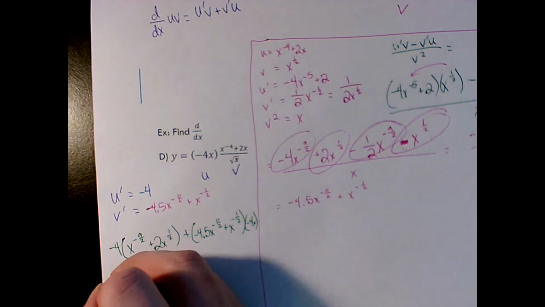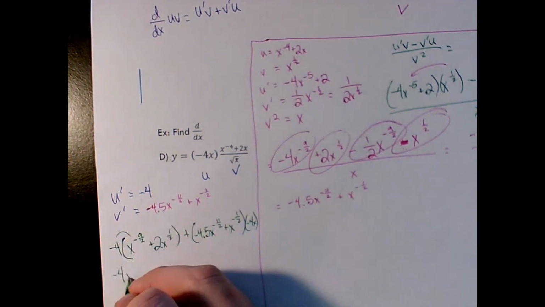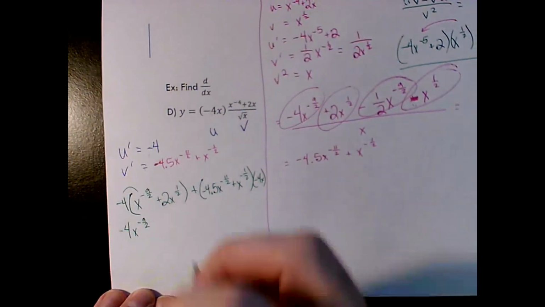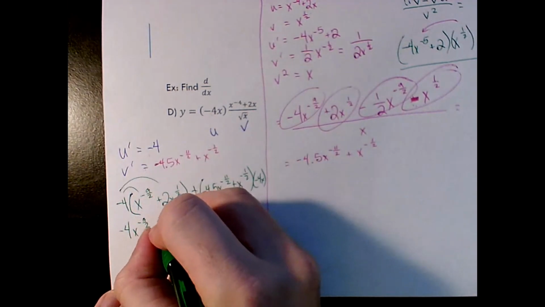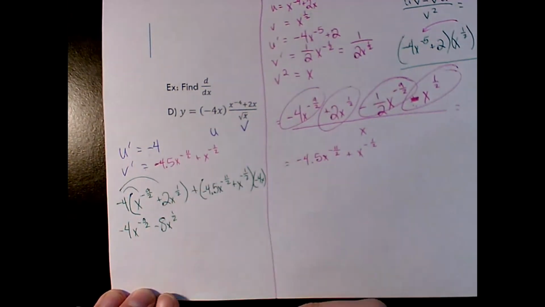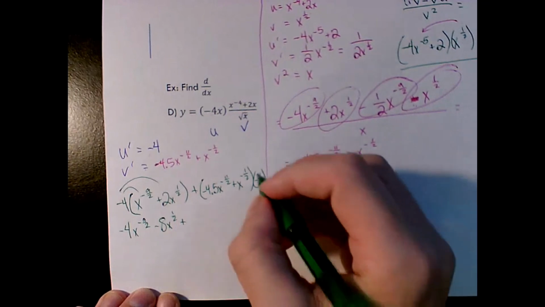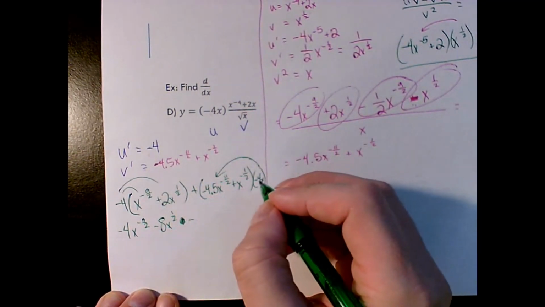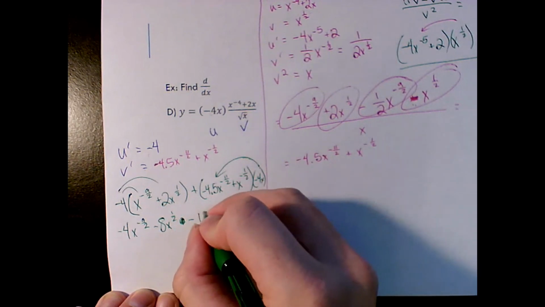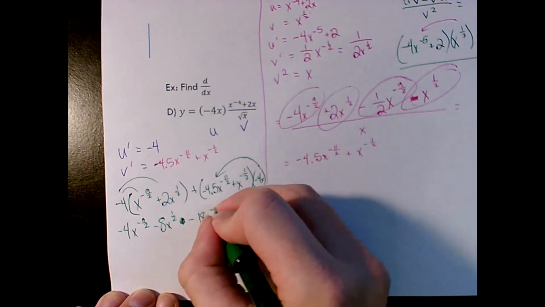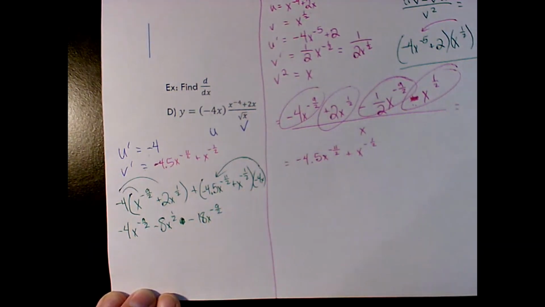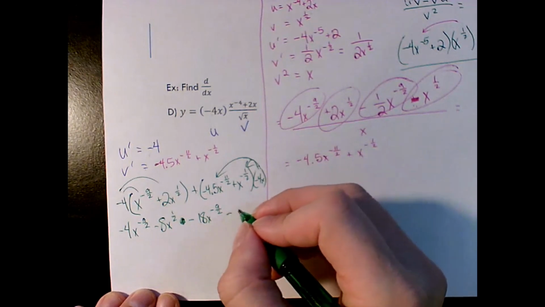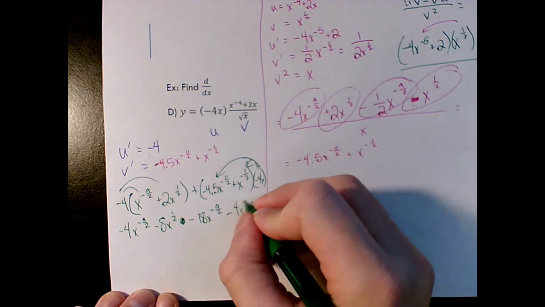So I have negative 4 times x to the negative 9 over 2, minus 8x to the 1/2, plus, actually minus 18 x to the negative 9 over 2, minus 4x to the 1/2.